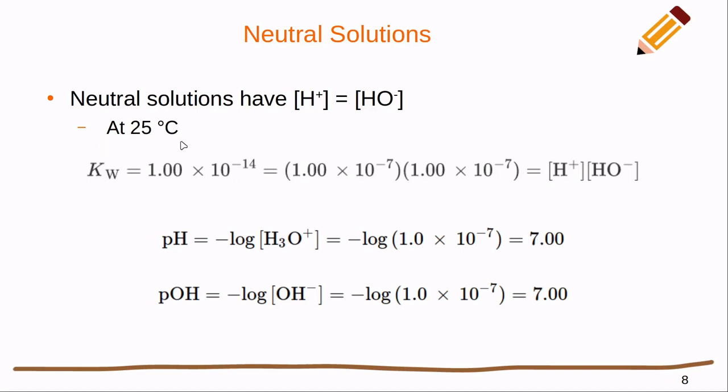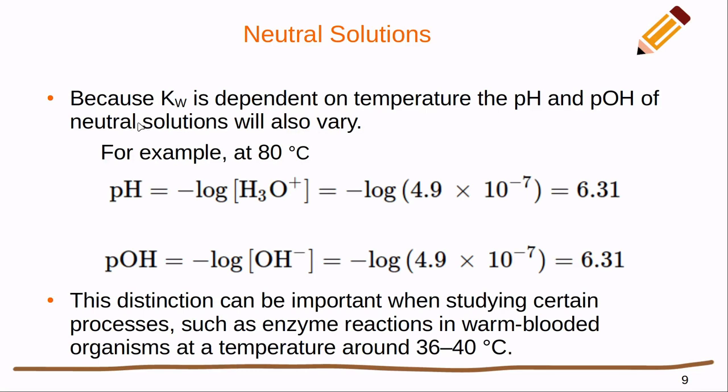But that's only true at 25 degrees. Because the Kw is going to change depending on the temperature, the pH of a neutral solution is going to change with temperature. For instance, at 80 degrees, the pH of water is going to be actually slightly basic or acidic here, 6.31 and 6.31. All right.